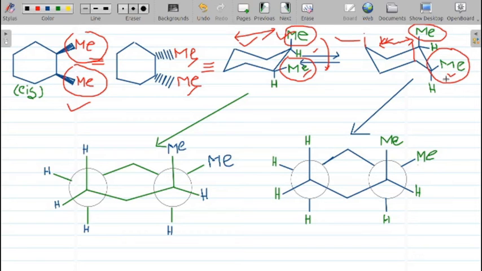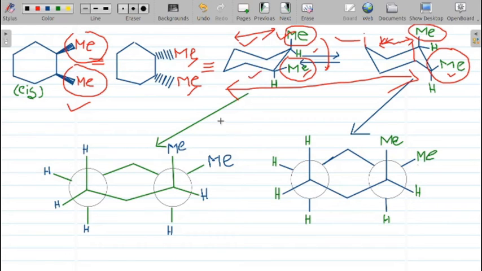So these two conformations have equal energy; the energy difference is negligible.